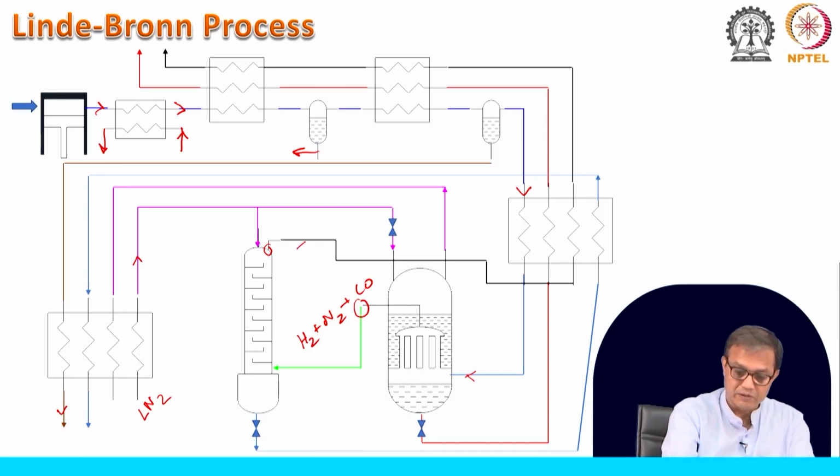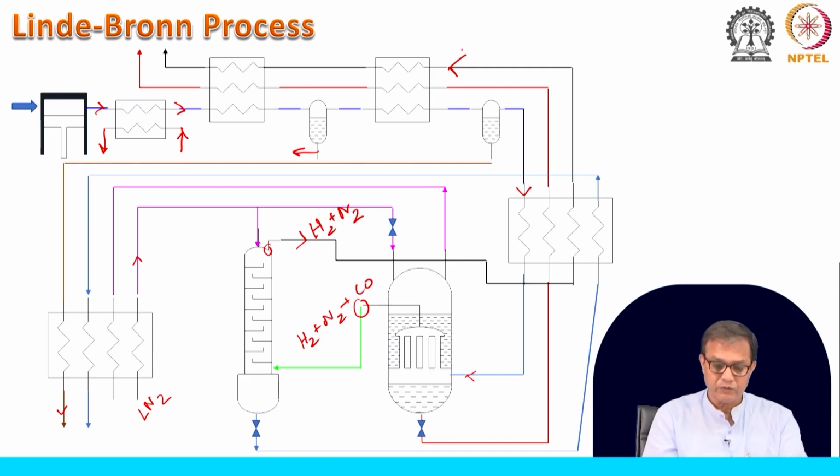From here this is the H2 plus N2, which will be taken as the product, and that will come out from here. So, that is about this Linde-Braun process. You can cross check if I have drawn anything wrong in the earlier process. This is the complete circuitry for the process diagram for the Linde-Braun process.